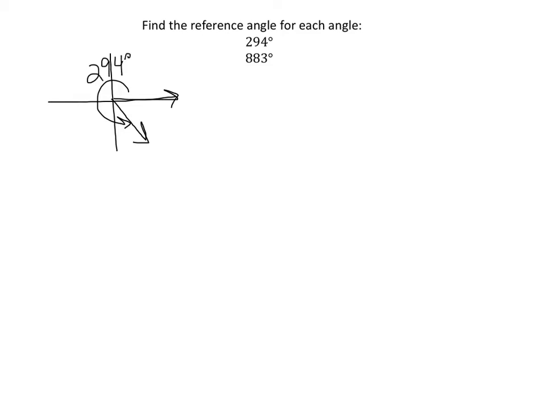So that's going to help me figure out which part of the x-axis I need to measure to. And I can see I have to calculate from 360. So I can take 360 degrees minus 294 degrees. This reference angle is 66 degrees.